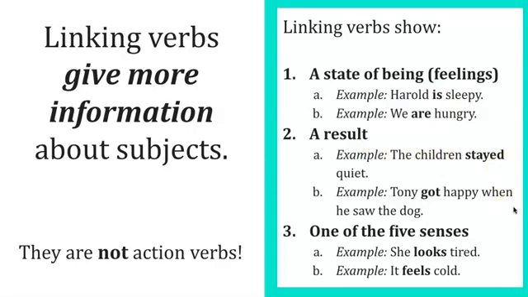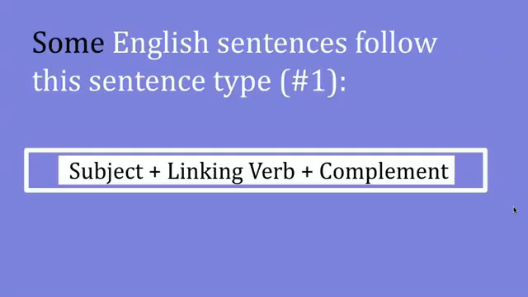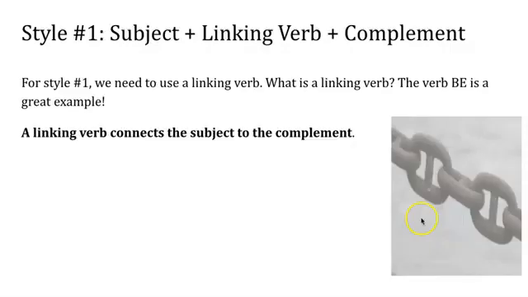So the job of this verb is to show the condition, the state of being, the feelings, a result, or one of the 5 senses. So now we understand the linking verb explains more about the subject.